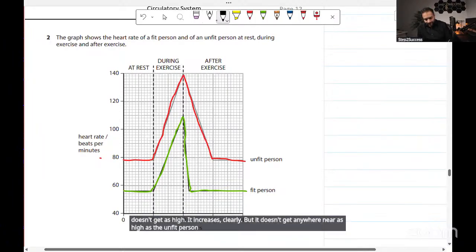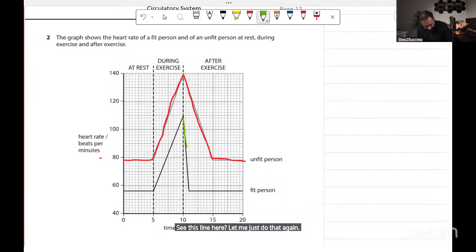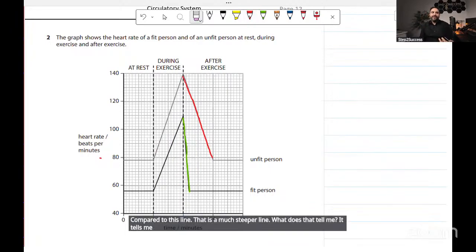And then also one thing I notice is that after exercise, see this line here? Let me do that again. Look how steep this line is compared to this line. That is a much steeper line. What does that tell me? It tells me that after exercise, the fitter person's heart rate returns to normal really quickly.